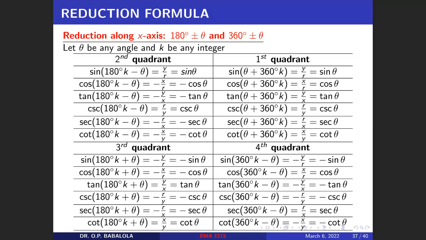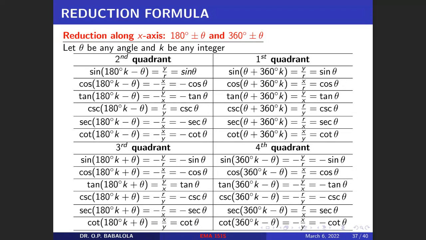Remember, we only have 4 quadrants, and we want the angle to fall into one quadrant. And so we need to reduce that angle from 900. I'm just using 900 as an example. From that huge angle, we must reduce it to one of the 4 quadrants. And that is why we have the reduction formula.